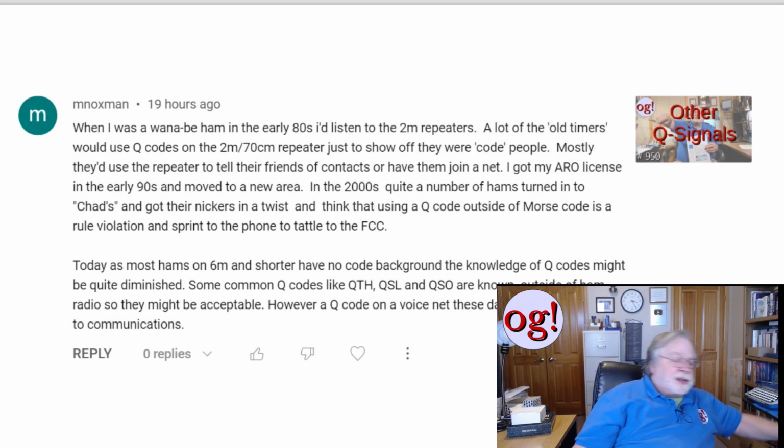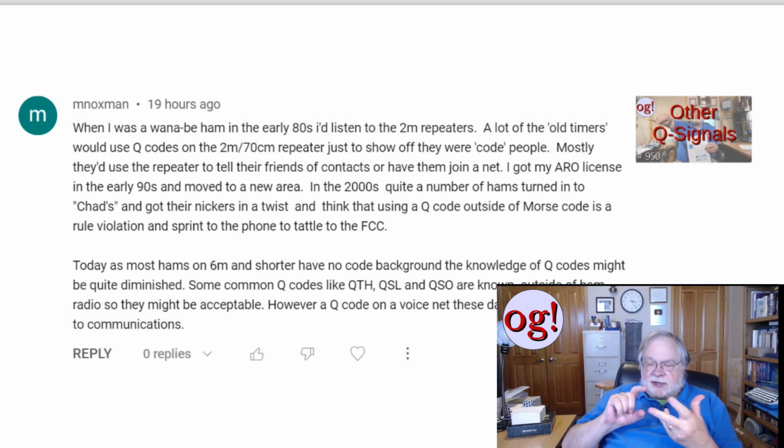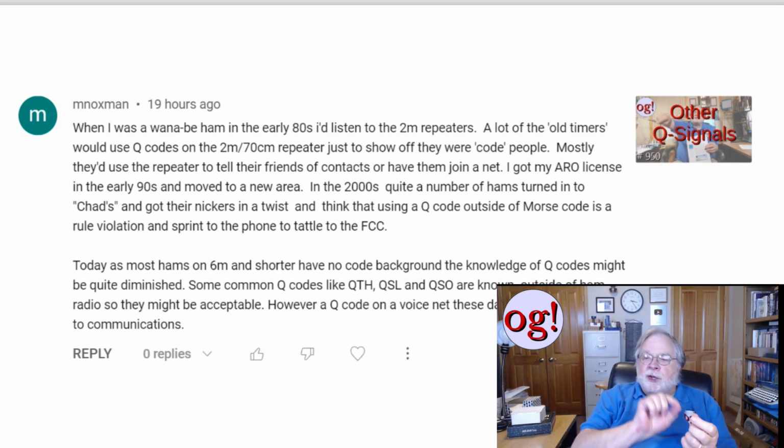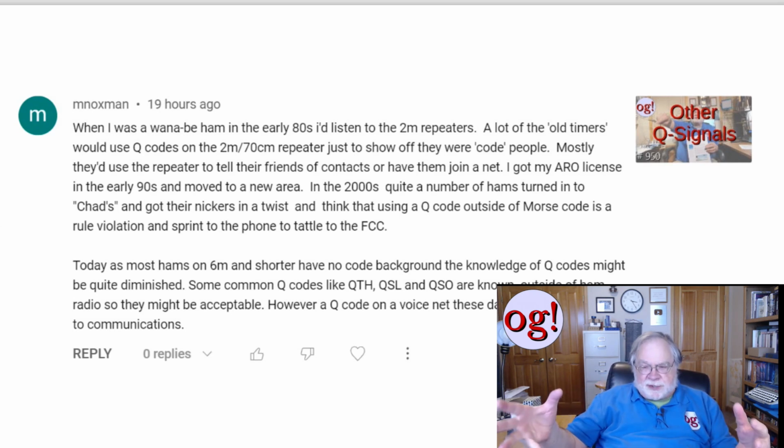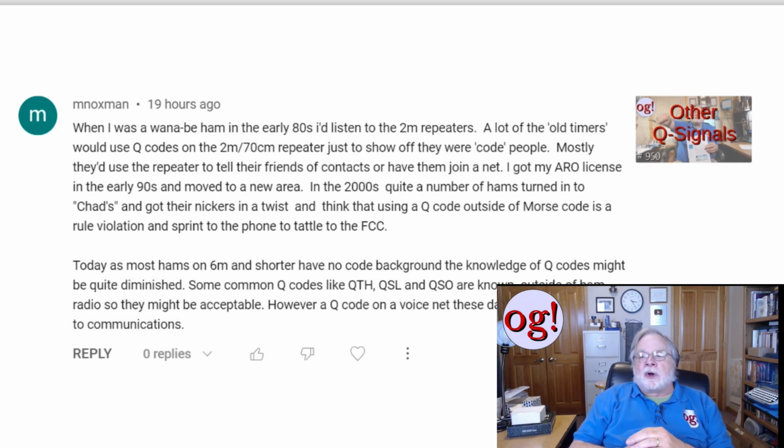It's interesting that the R, S, and T codes, QR, QS, QT, often refer to radio ops, and so they're used in the maritime circuits and so on. QTH question mark, in any language, means what is your location? Okay, and so on down the line.